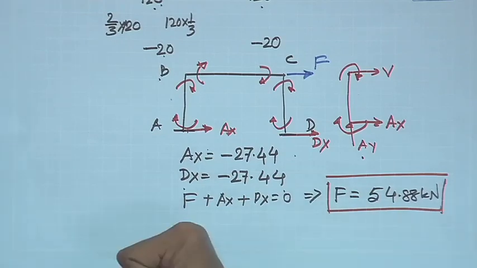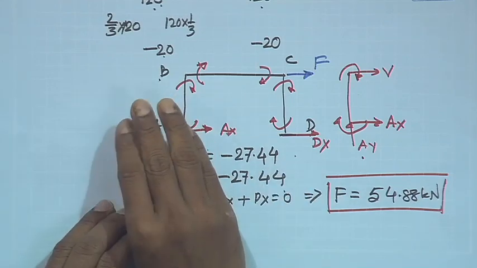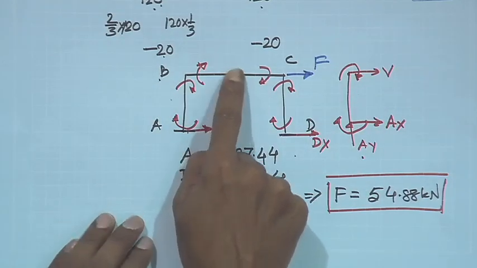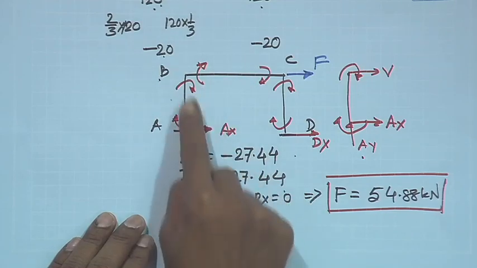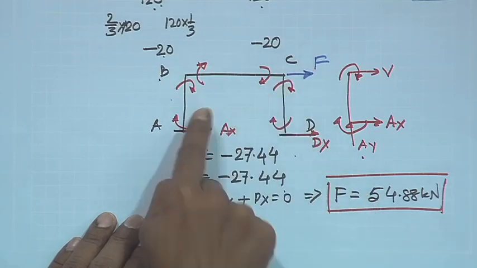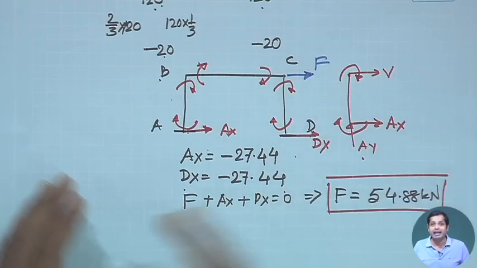So, if we apply 54.88, instead of applying delta, the amount of sway, delta by 100 by EI, sway at B and C, if we apply 54.88 at C, they both have the same effect, isn't it?